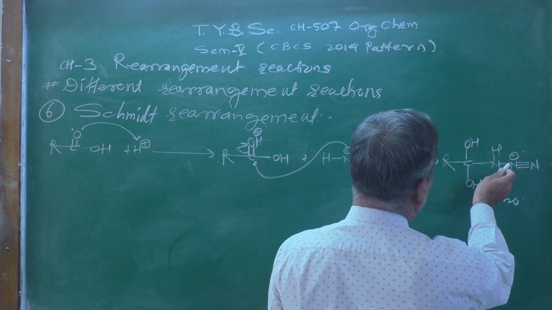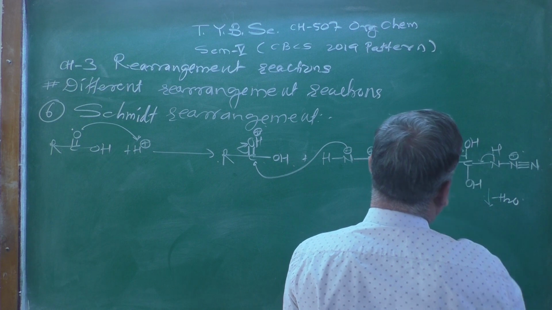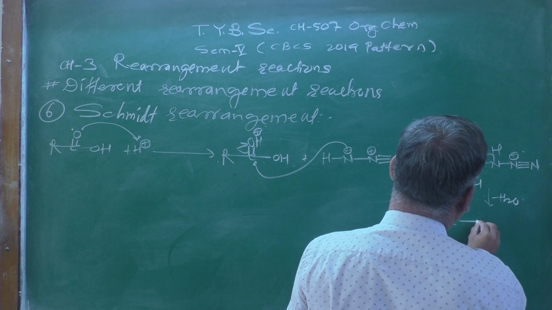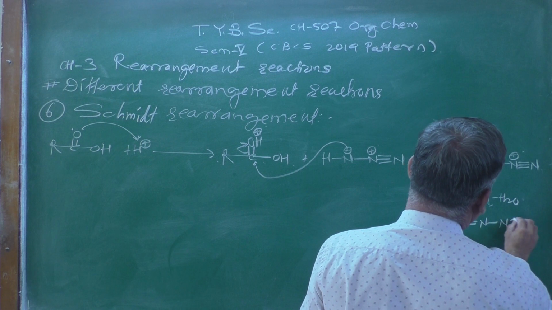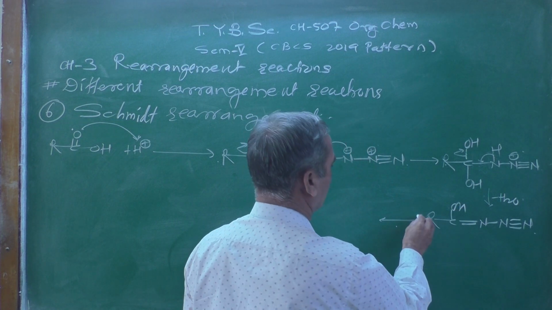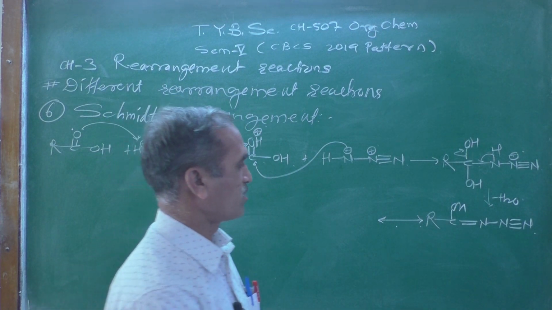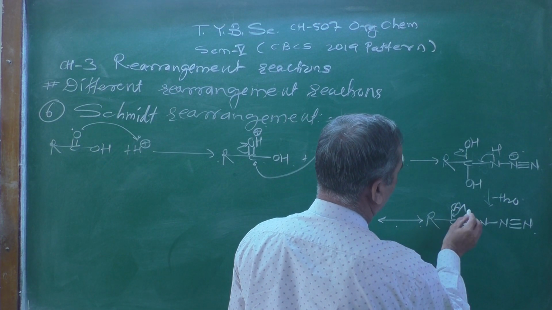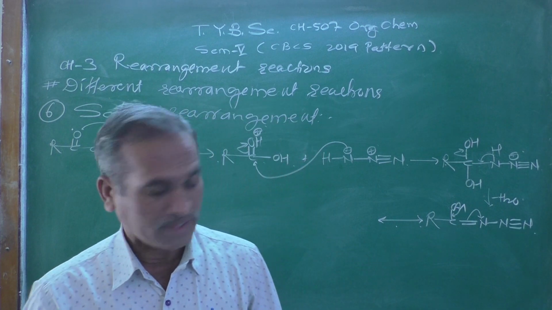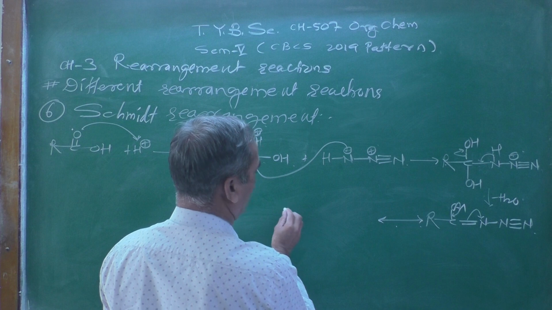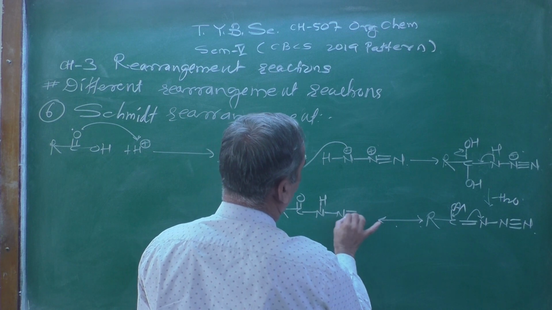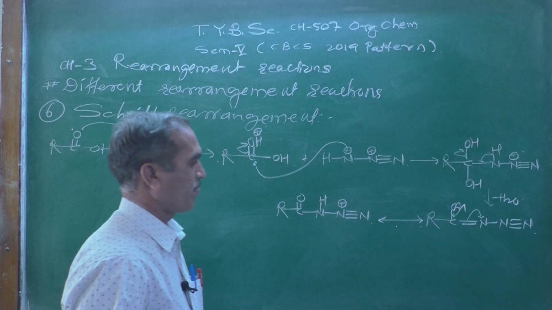One hydrogen from here and OH from here, and we will be getting R, then C OH, then double bond N, then N triple bond N. Now this is an enolic form, it undergoes resonance, so this bond comes here to form a double bond, and that hydrogen atom goes on that nitrogen atom once again, and you will be getting R C double bond O, NH, N triple bond N, positive charge once again.